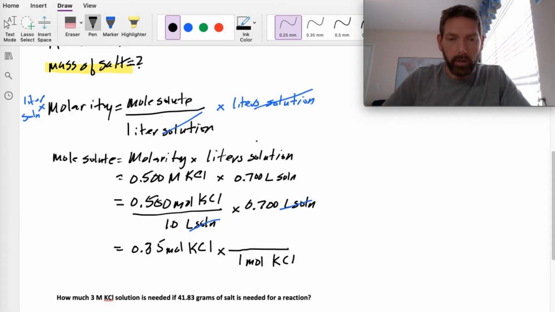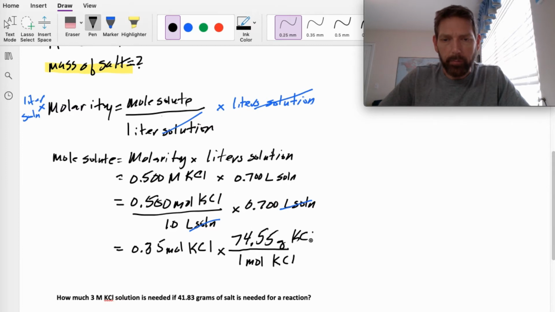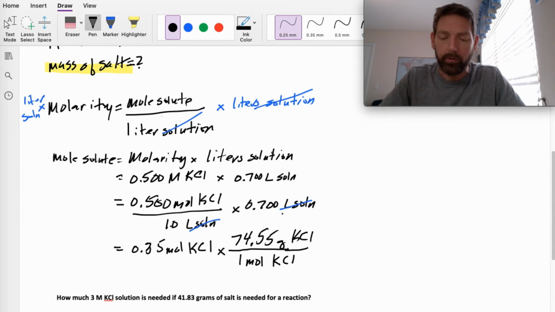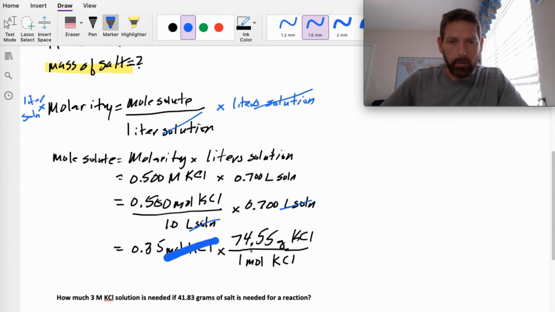You should get 74.55 grams of potassium chloride. So this is the molar mass, right? And I always like to double check my numbers. Of course, I don't always do that, and sometimes I make mistakes. Okay, I make mistakes a lot. 39.1 plus 35.45, 74.55.